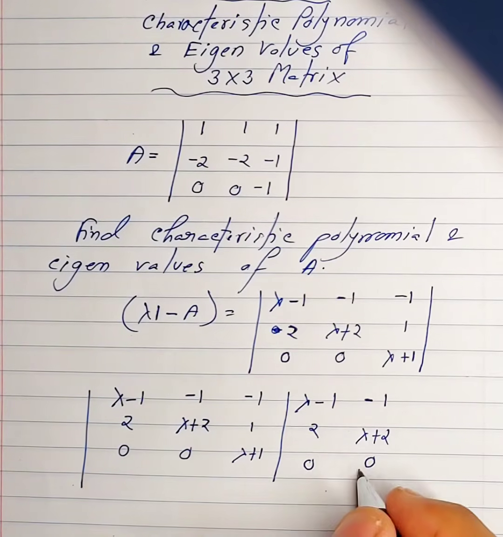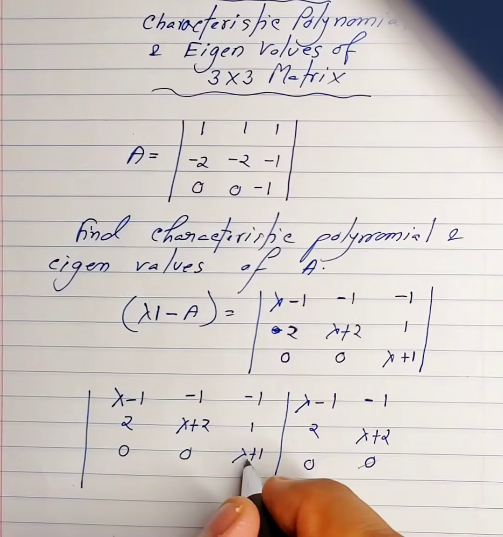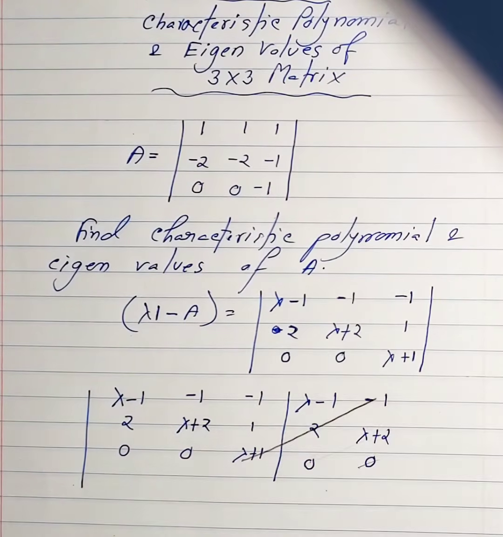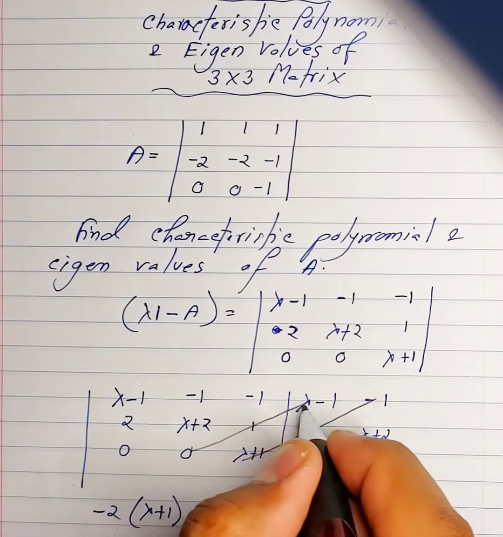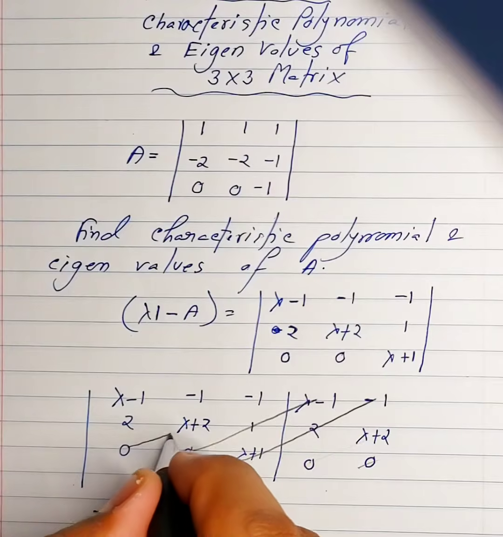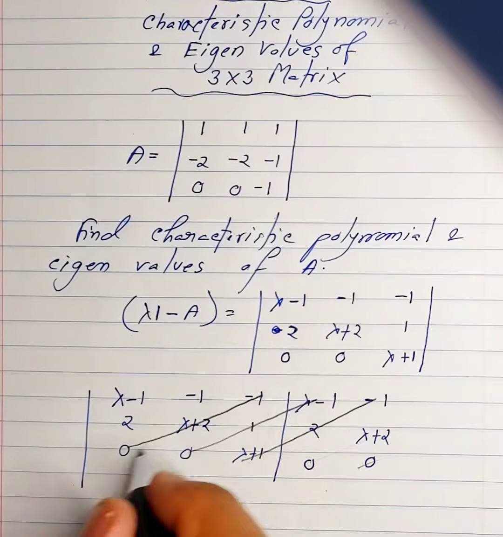Because this is 1, it's not connected. These 3 are the first connected, so I have to multiply these 3 of them, which gives me minus 2 times lambda plus 1, right? And then I have these 3, which if you multiply, you're getting 0, and these 3, if you multiply, you're getting 0.